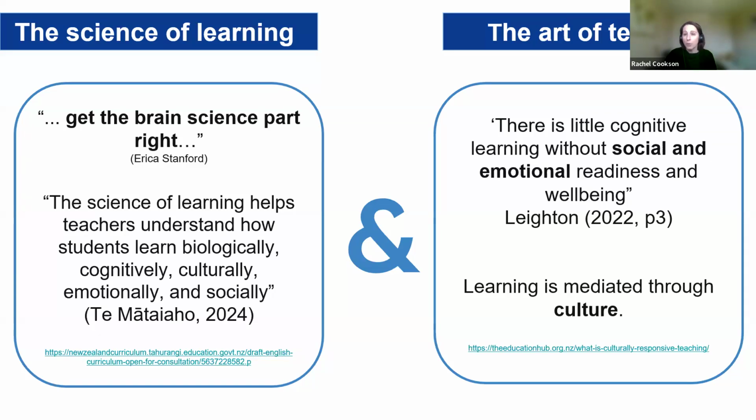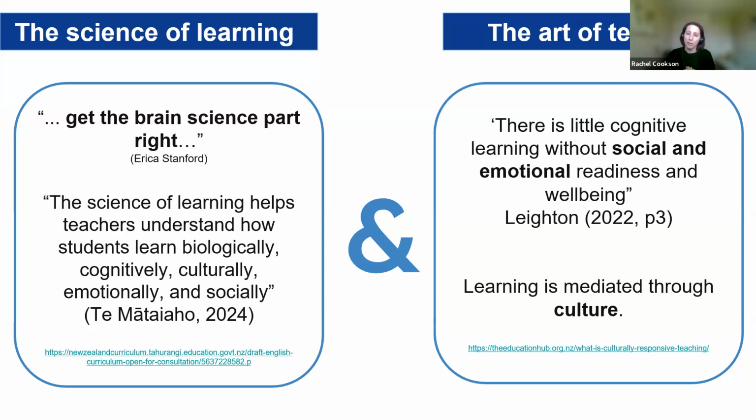However, it is really important to be mindful that the art of teaching is still very much present in what we're doing in Aotearoa, New Zealand. Young people cannot learn if they are hungry. Young people cannot learn if they are not ready to learn. So it is important that this is not one or the other. If we just did the science of learning, we could be focused only on scientific principles, going a left turn round and round in circles.